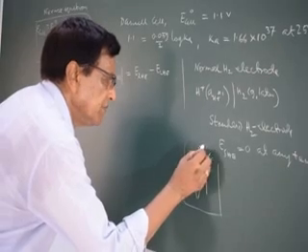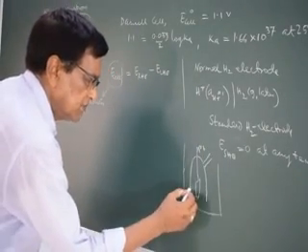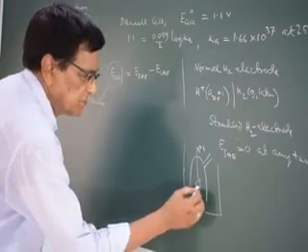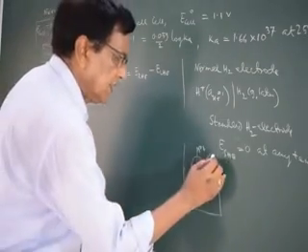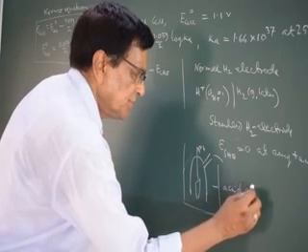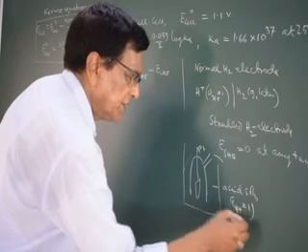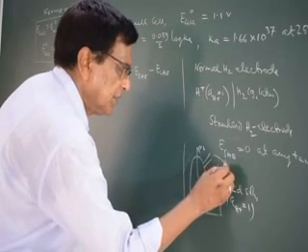This is platinum, platinized, with platinum black deposited, and here is the acid solution with activity of hydrogen ion equal to 1, and this is hydrogen gas.